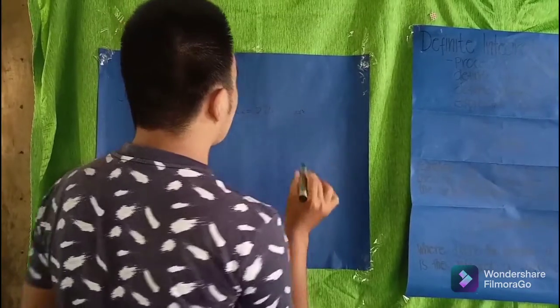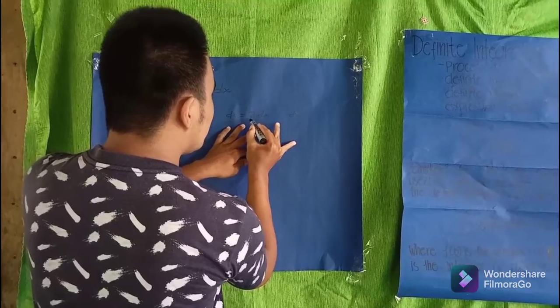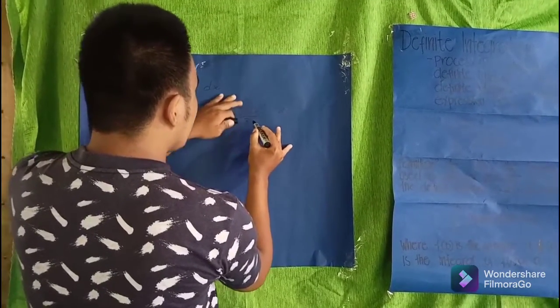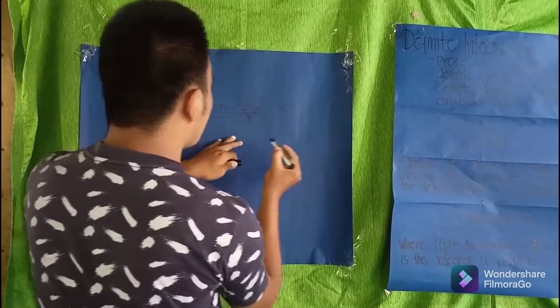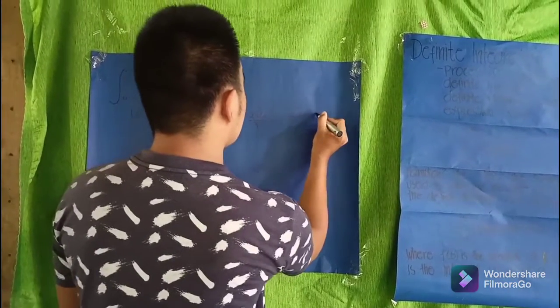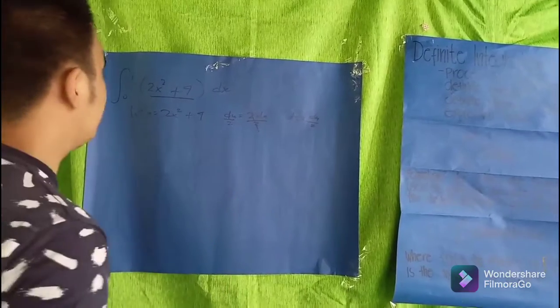So how can we find dx? We need to find dx here and du. We divide both sides by 2 to cancel out the 2 and remain the dx. So our dx here is equal to du over 2 as what we have solved.